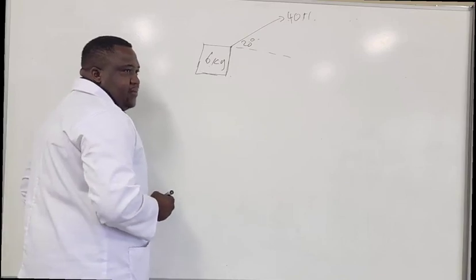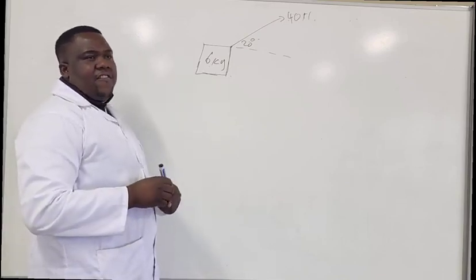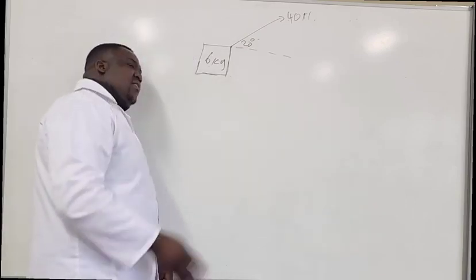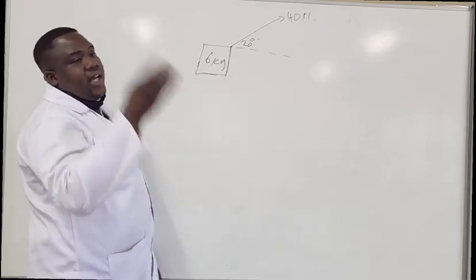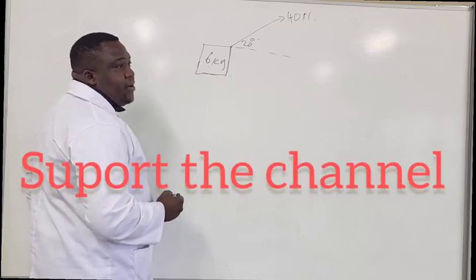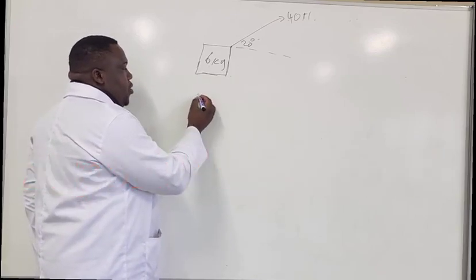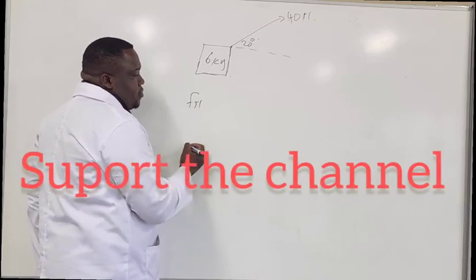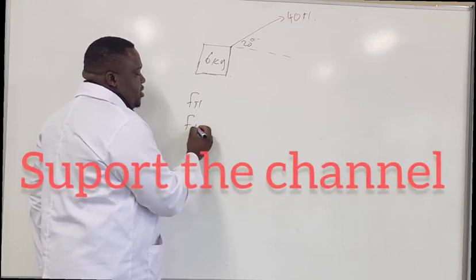We check how many forces we have which are acting vertical. Forces that are vertical in this scenario, how many of them? First, we are going to have normal force. The second one is gravitational force.